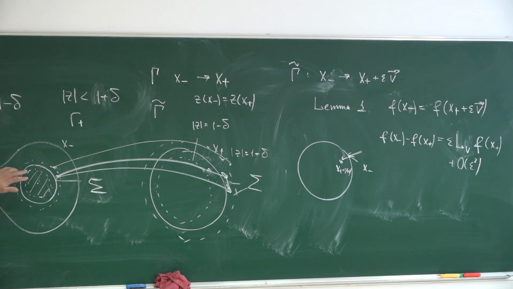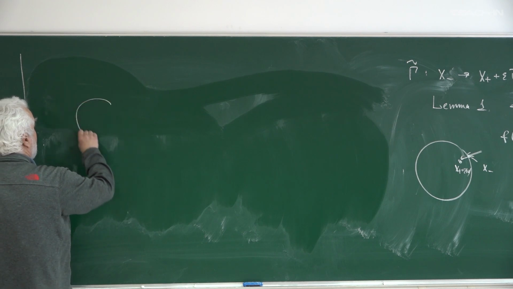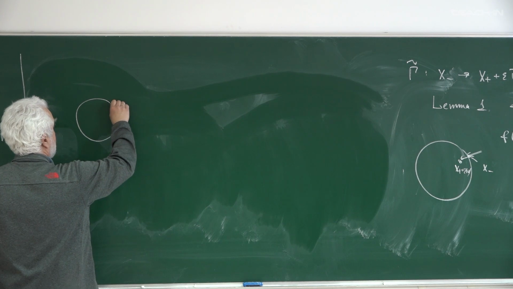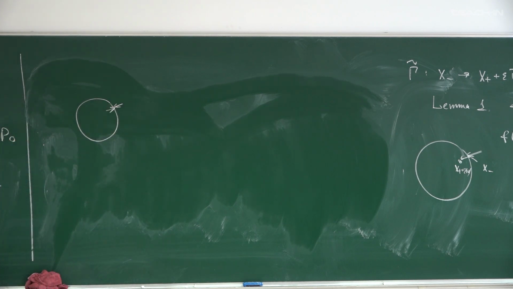Now, may I remove this figure? Next, intermediate step. Assume that we have functions on the Riemann sphere. Assume that we have a contour, and we would like to solve the problem because we have a prescribed discontinuity.